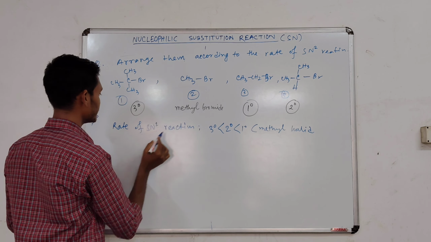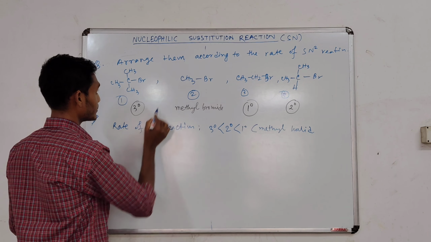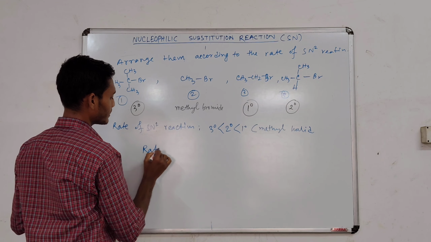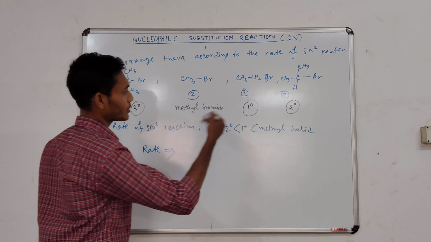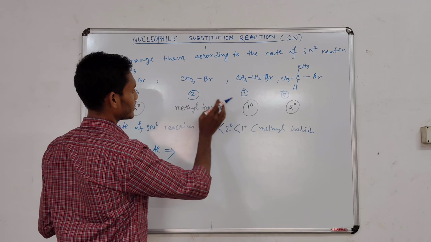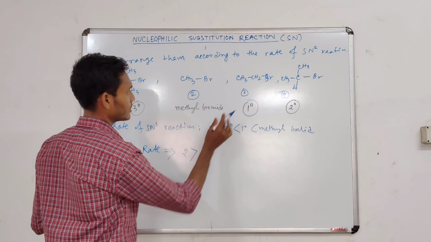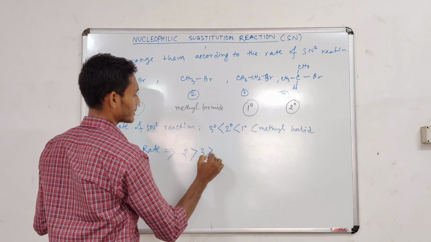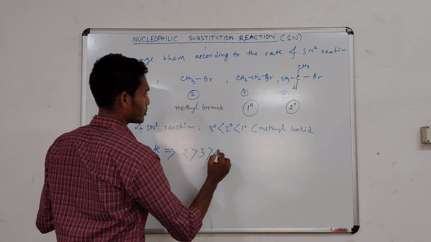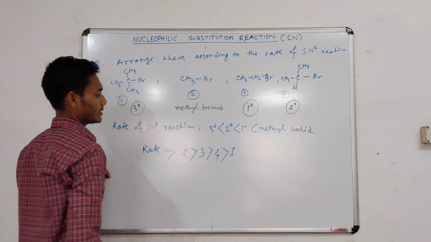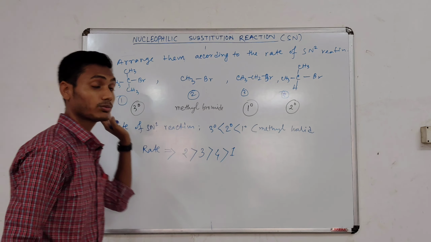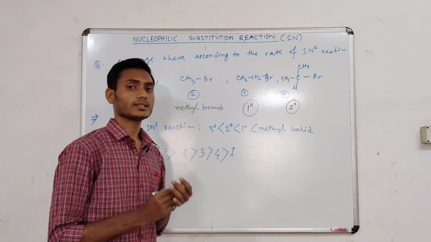So we can write the answer: the rate which is more for SN2 reaction is number 2 greater than 3 greater than 4 greater than 1. And number 1 is favorable for SN1 reaction but not for SN2 reaction.